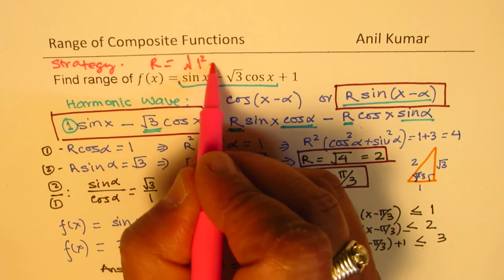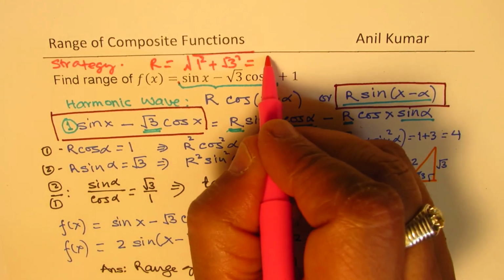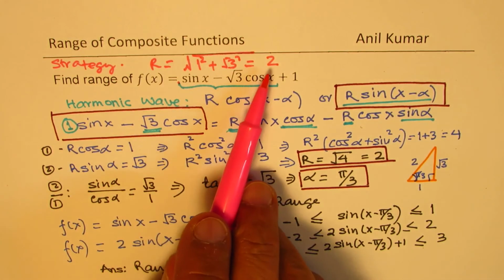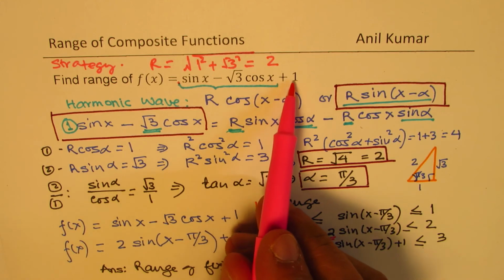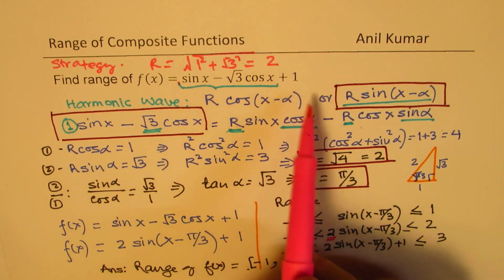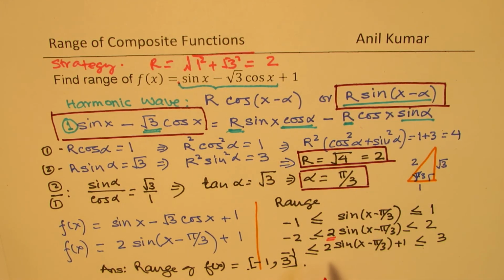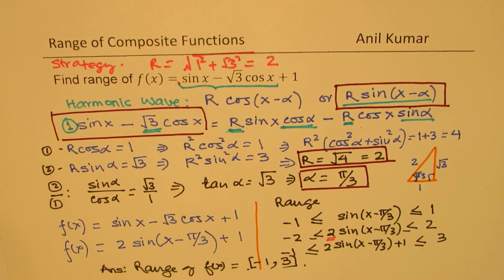So in this case, 1 square plus square root 3 squared, right? So that gives us 2. So we have this value of 2 now, and translate 1 unit up, so we know the maximum is 3 and the minimum is minus 1. So if you know this strategy, all this which we have done, if you understand that, then this question can actually be answered in less than a minute.